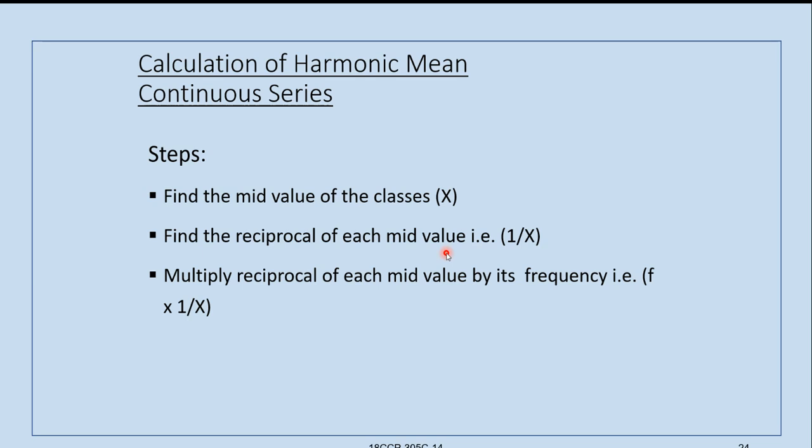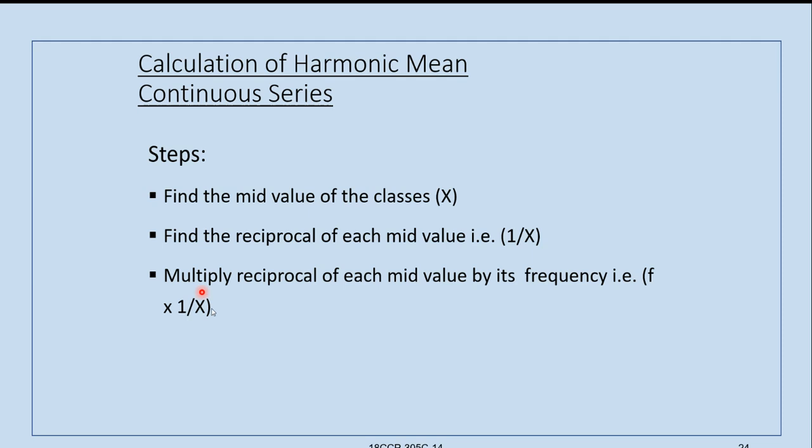In the first column we will take series. Second column we will take midpoints. Third column we will take reciprocals of the midpoints. Fourth column we will take frequency, and fifth column we will calculate frequency into reciprocal of midpoint.